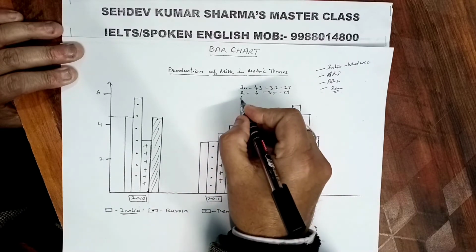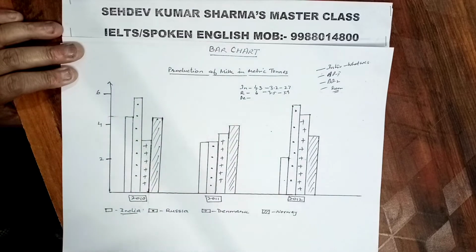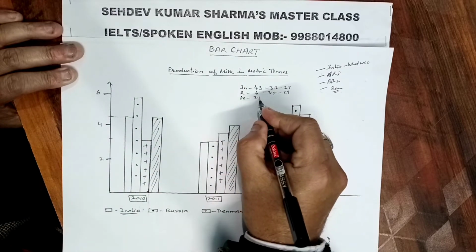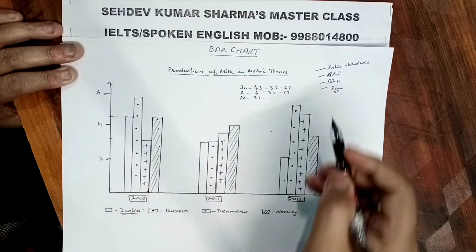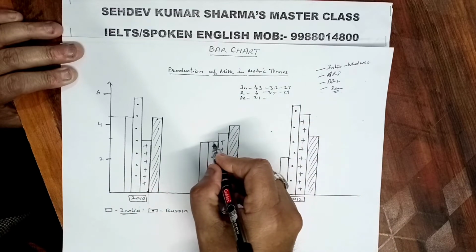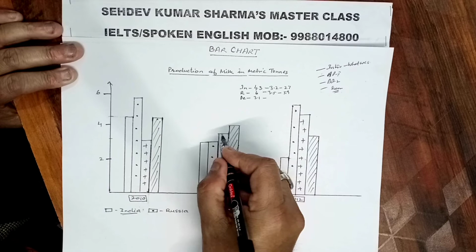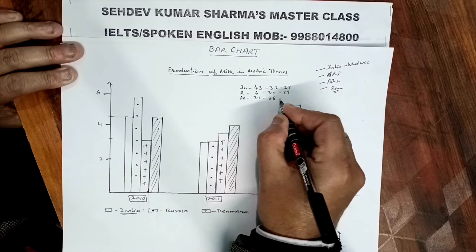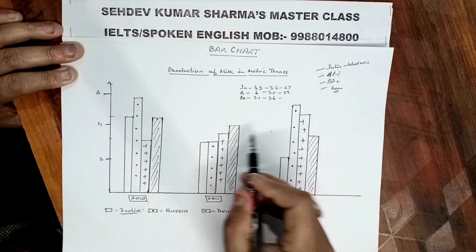Next is Denmark. In case of Denmark, the data is around 3, we can say 3.1. Then again it is around 3.6, near about.